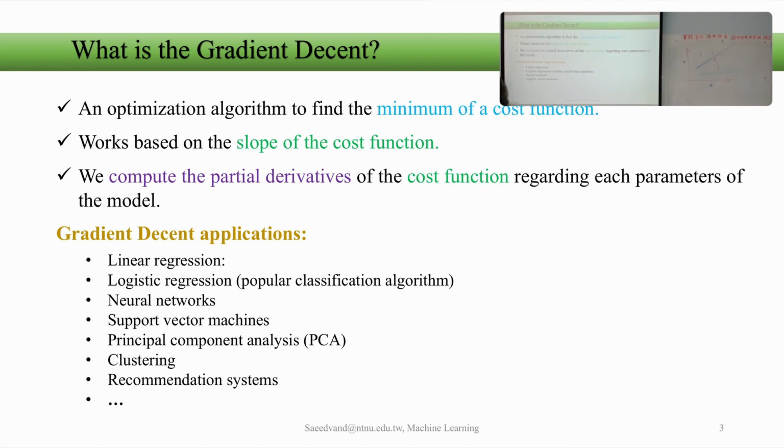Gradient descent, stochastic gradient descent, and its family are applicable in support vector machines, which we will see later. It is applicable in principal component analysis, PCA, a very popular algorithm in machine learning, in clustering and unsupervised learning, in recommendation systems, and so on. Of course, as I mentioned, it is also pretty commonly used with advanced deep learning models.